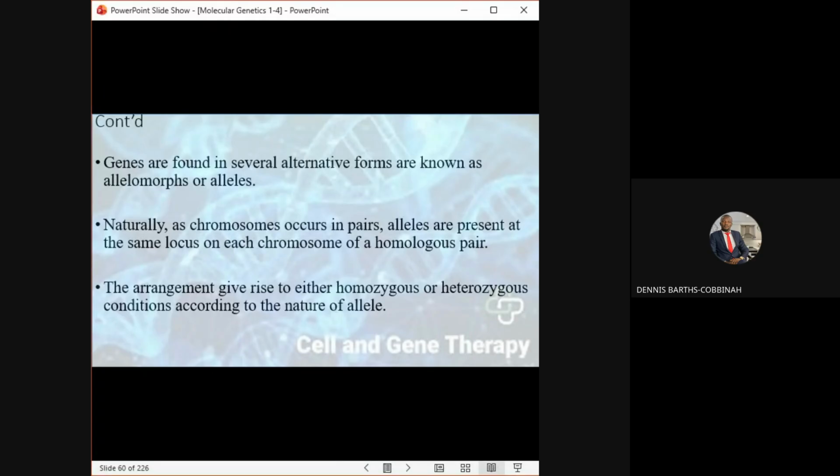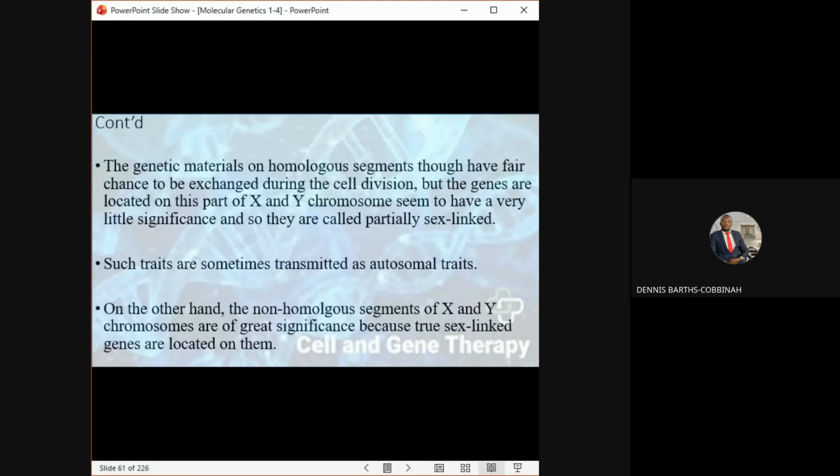But the X chromosome is longer than the Y chromosome. So there are certain alleles present on the X chromosome that are not present on the Y chromosome. And that can lead to certain characteristics being present in males that are not actually present in females.